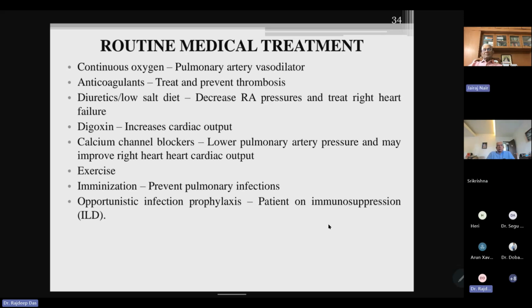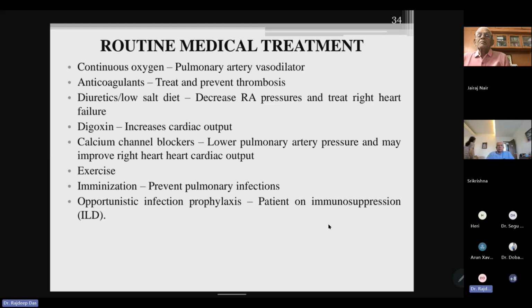The treatment begins with continuous oxygen, which is a pulmonary artery vasodilator, and anticoagulants to treat and prevent thrombosis. Diuretics and a low salt diet decrease the RA pressure and treat right heart failure. Digoxin increases the cardiac output, especially when associated with atrial tachyarrhythmias.